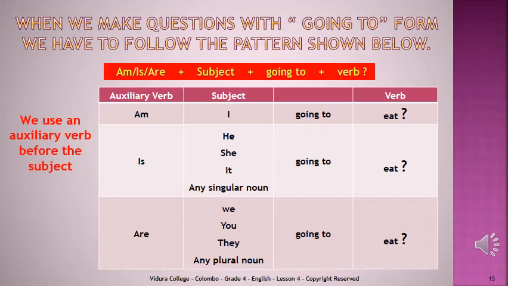Then we are adding going to. Finally, we add the verb with a question mark. My dear children, keep in your mind when you are writing questions, it is very important to write the question mark at the end of the sentence.